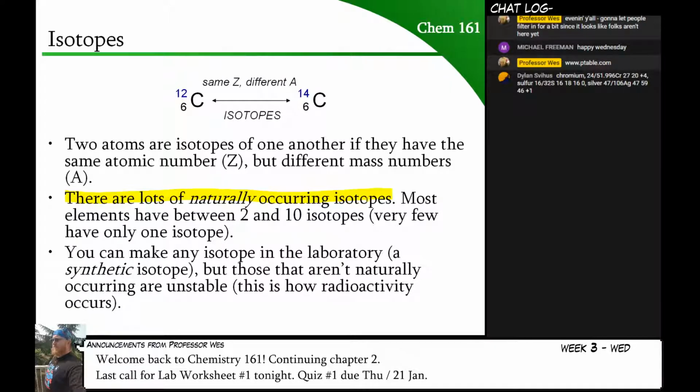Stable generally means that the half-life of the substance is on the order of billions of years. Uranium-238, for example, the most stable isotope of uranium, I believe, has a half-life of 4 times 10 to the 9 years. We consider uranium to be the limit of stability, and anything less stable than that is considered to be unstable. Why did we pick that number? That's roughly the age of the Earth.